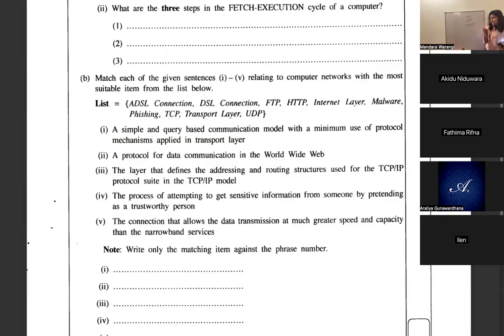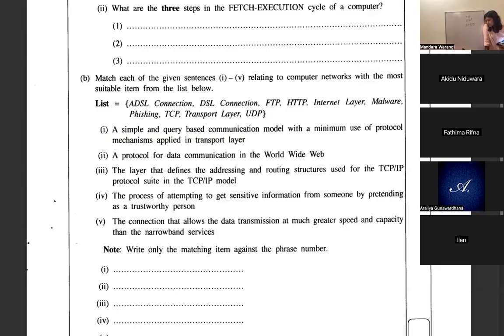What we call it in the TCP/IP model is the internet layer. That is the difference. If you write network layer here, no, they have not given that choice. So in the TCP/IP model, where routing happens is the internet layer. In the OSI model, it's the network layer.